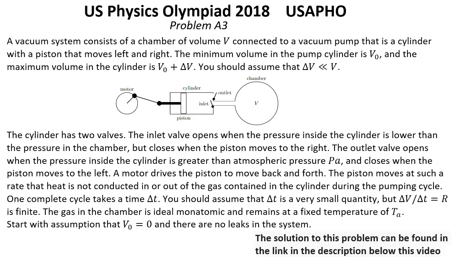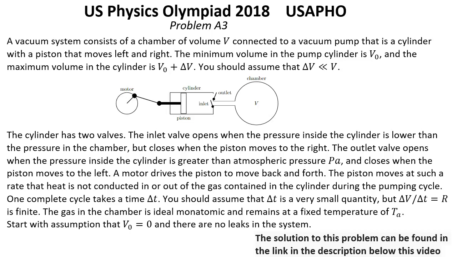The piston moves at such a rate that heat is not conducted in or out of the gas contained in the cylinder during the pumping cycle. One complete cycle takes time delta T. You should assume that delta T is a very small quantity, but delta V over delta T equals R is finite.